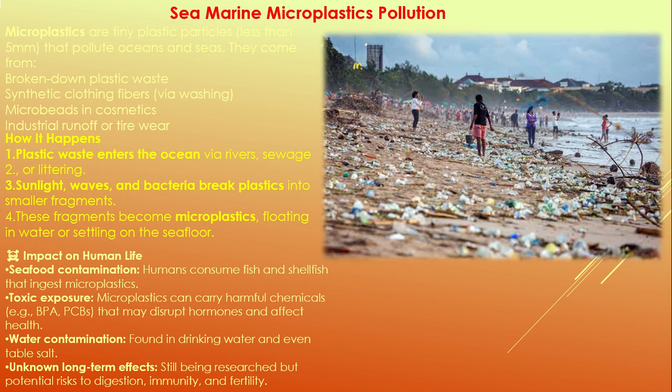Second is synthetic clothing fiber: via washing of the clothes, this microplastic goes with the water, and this water goes to the sewage, the river and the sea. Then microbeads in cosmetics are also a reason for producing microplastic. Then industrial runoff and tire wear, due to which microplastic is also produced.